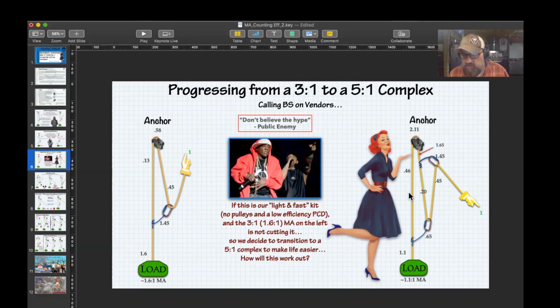That 0.46 runs down here. We have an addition sign here because I have a rope grab that's holding 0.65. So in the end, what's crazy is I have nothing efficient in my system. So once you go beyond a 3 to 1 on your highly inefficient bailout system, you actually lose mechanical advantage the higher you go. So our 5 to 1 actually works out to be about a 1 to 1.